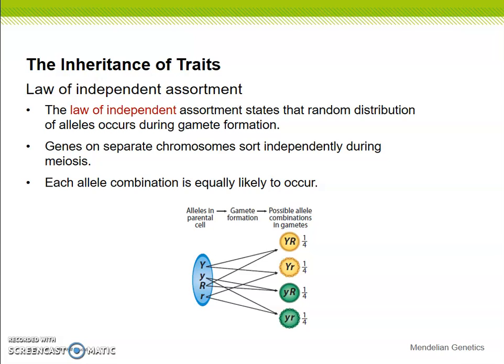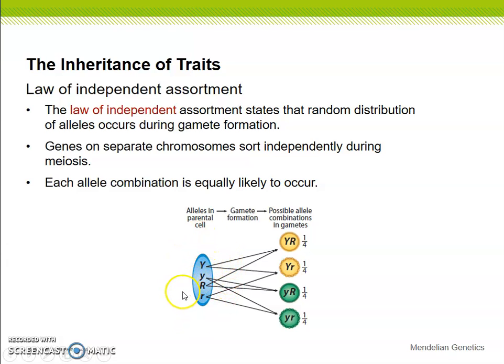Genes on separate chromosomes sort independently during meiosis, and each allele combination is equally likely to occur. So there is a 1 in 4 chance that if I cross a yellow and round, my offspring is going to be yellow and round, because those traits are possible from my parental cell.